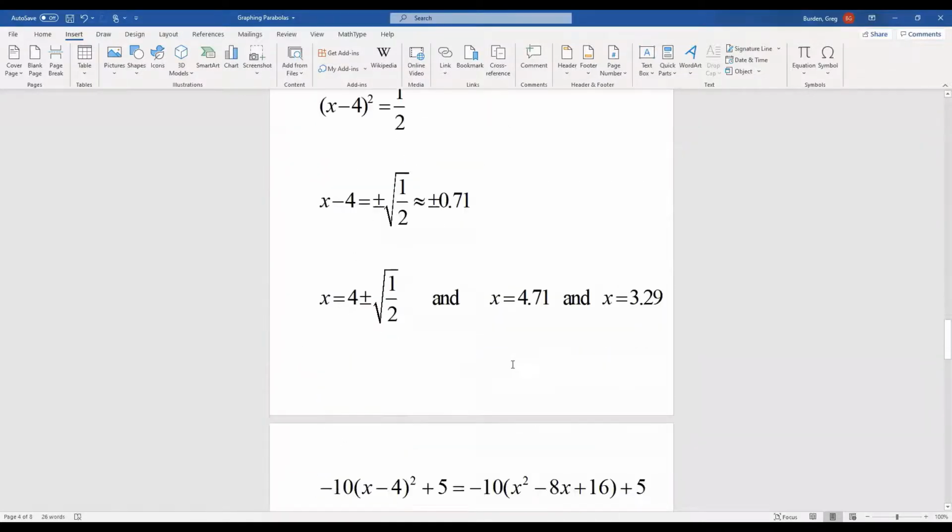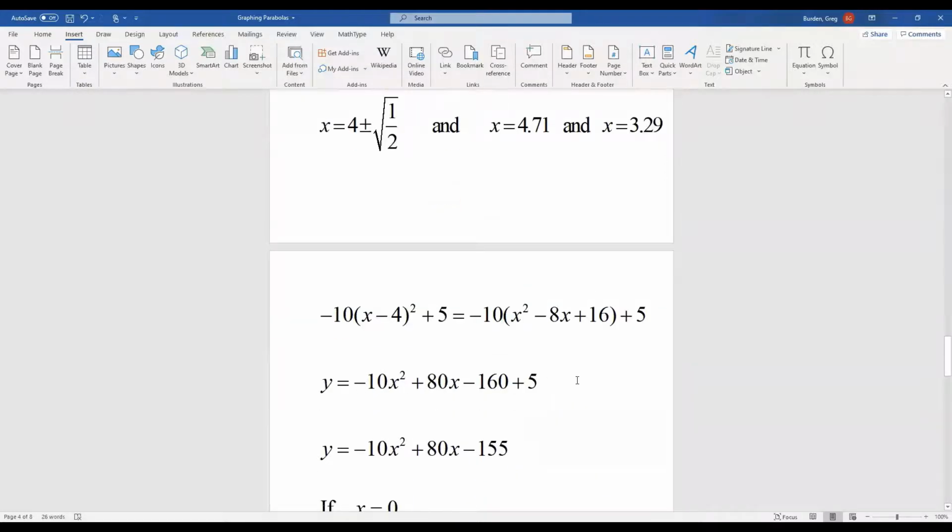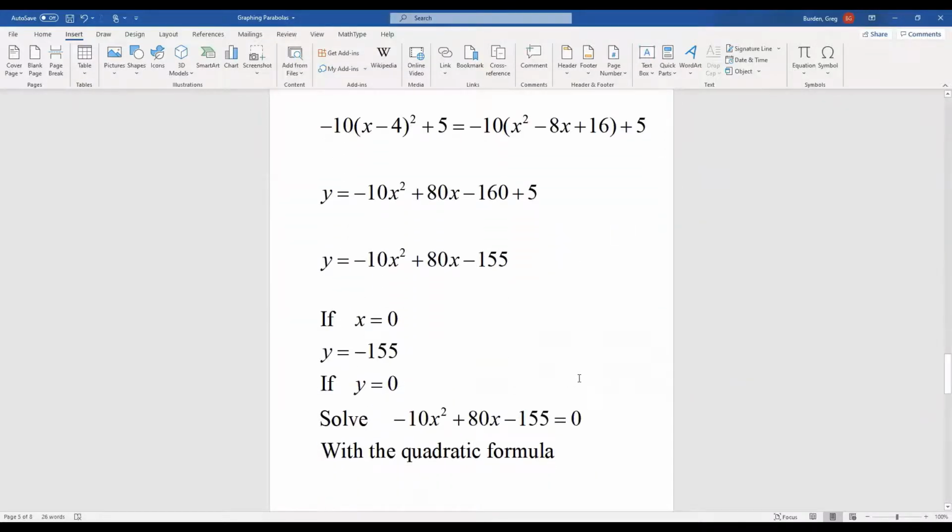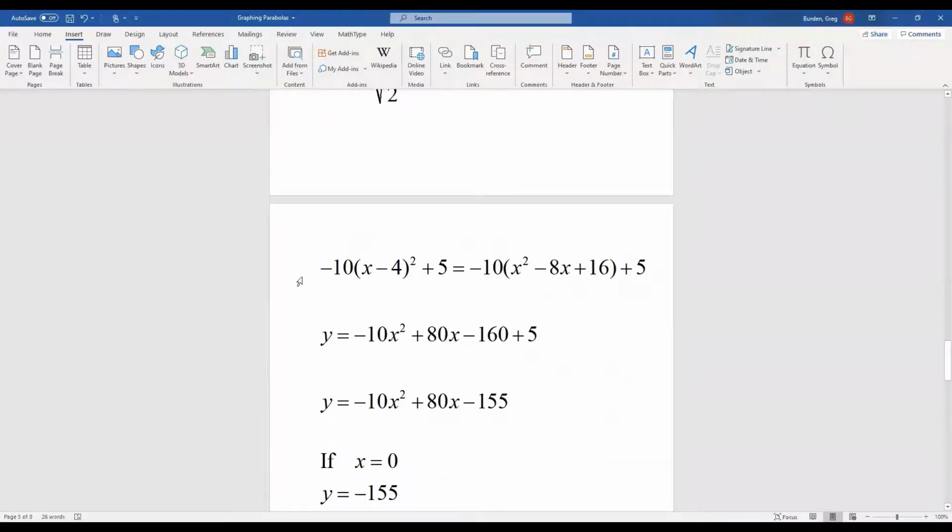Okay, so we saw how to find the x-intercepts in the vertex form. You really just solve the equation. But I want to point out that frequently the parabola is written out in a different format entirely. If we go ahead and square out the x minus 4, then multiply it by -10. So that's what I've done here.